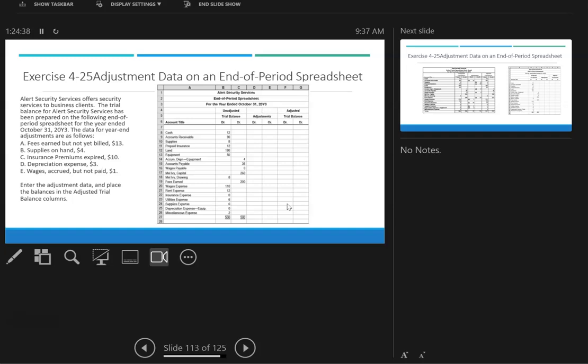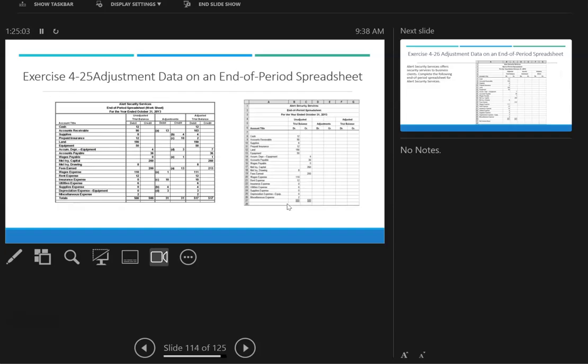Insurance premium that expired were $10. We'll debit insurance expense. We'll credit prepaid insurance. Depreciation expense of $3. We debit depreciation expense, credit accumulated depreciation. Wages accrued but not paid of $1. We would debit wage expense and credit wages payable.